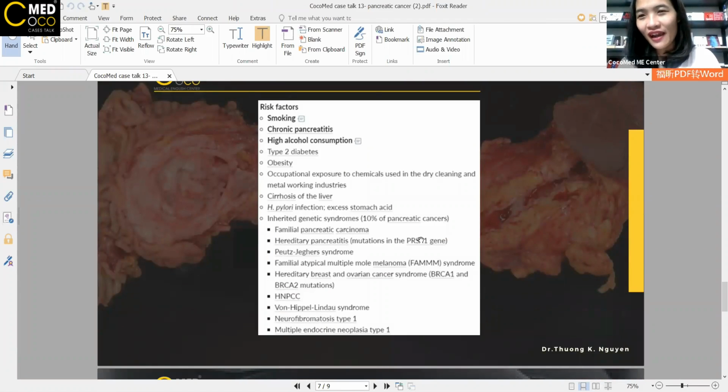And here we have some information. I just try to give you guys some risk factors for pancreatic cancer. They highlight the most important ones: smoking, high alcohol consumption, and chronic pancreatitis, which is the most common risk factor, based on the research.